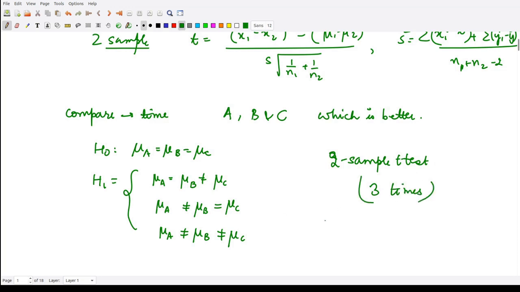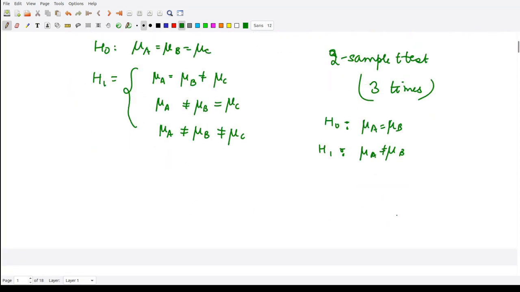In the first case you consider H naught as mu A is equal to mu B, and H1 as mu A not equal to mu B. In the second case you consider H naught as mu A is equal to mu C, and in the third case H naught as mu B is equal to mu C. So this is how you could compare these using the t-test applied 3 times. That would be inconvenient.